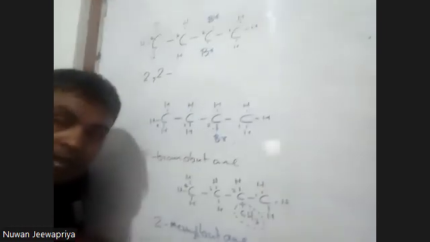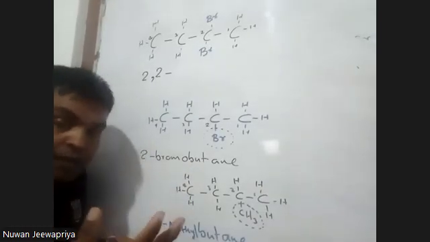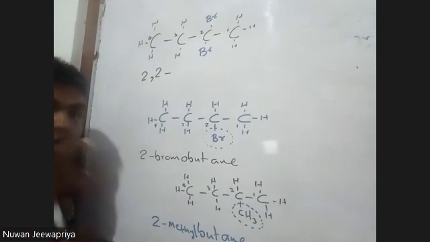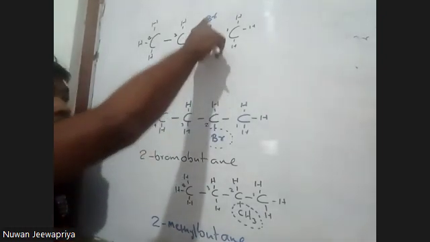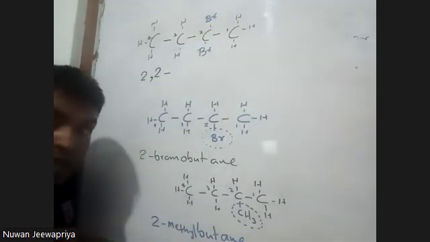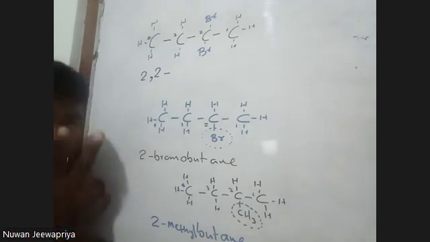2 comma 2 dash. When something is there 2 times, we say di. When something is there 3 times, we call it tri. 4 times, tetra. Which carbon has bromine 2 times? The second carbon.